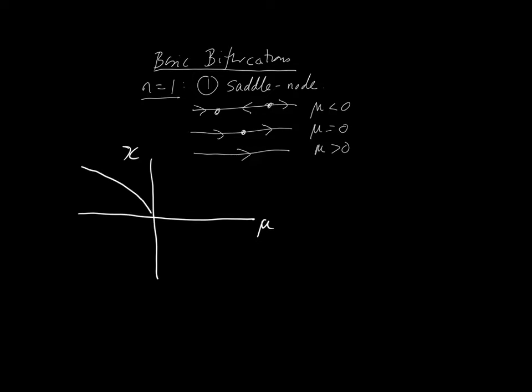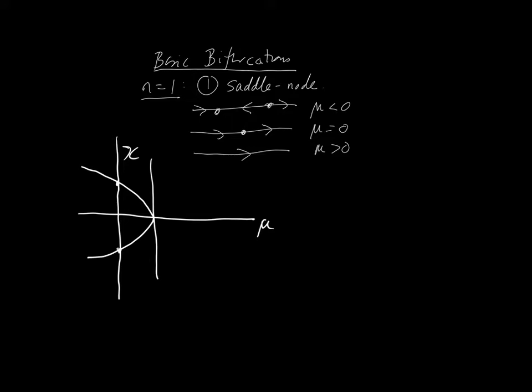You can imagine the set of fixed points makes a sort of parabolic shape like this, where for mu less than 0, I have two, one here and one here. On each vertical line, I can place the phase space associated with that particular mu.